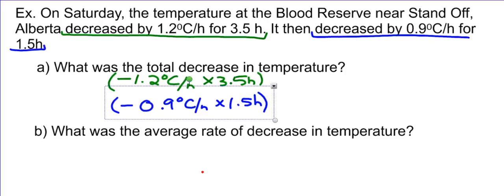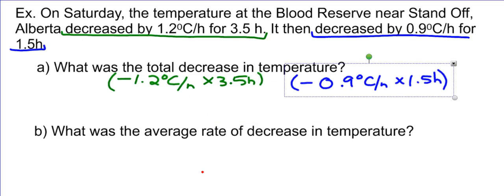If you wanted to, you could write it as one full equation and then add together, making sure that you follow your order of operations and do all of your brackets first. So that's why I put everything in brackets. The first decrease in temperature was negative 4.2 degrees Celsius. And in the second set of time, the temperature change was negative 1.35 degrees Celsius.